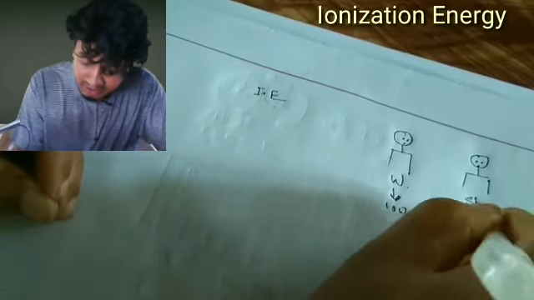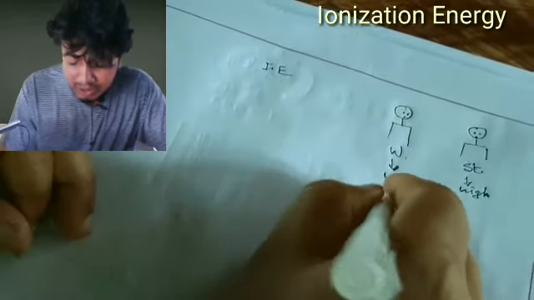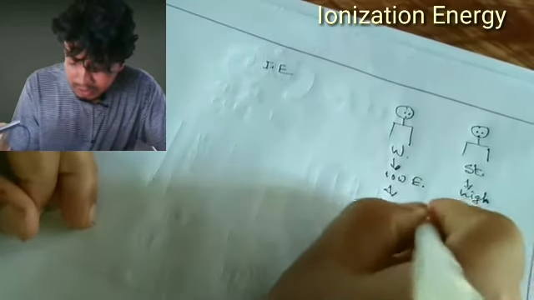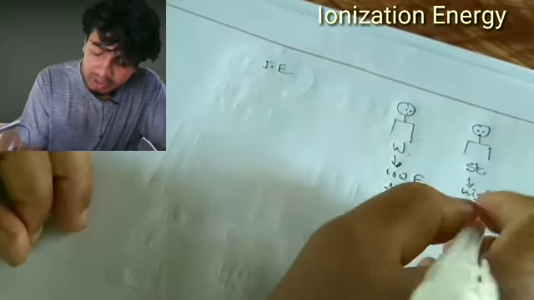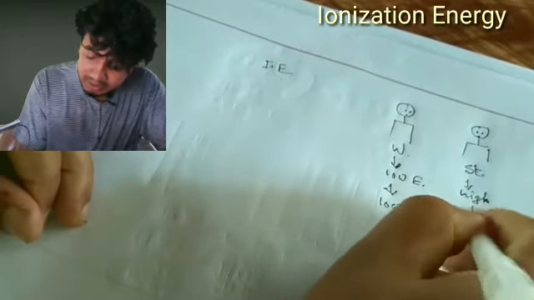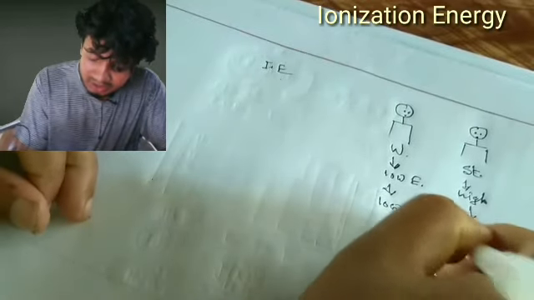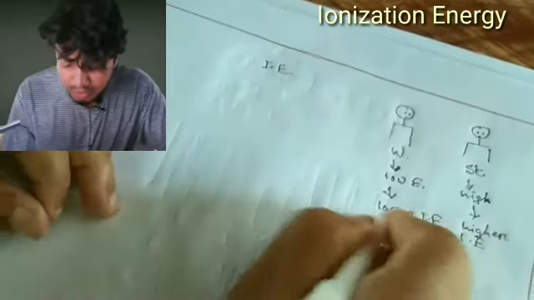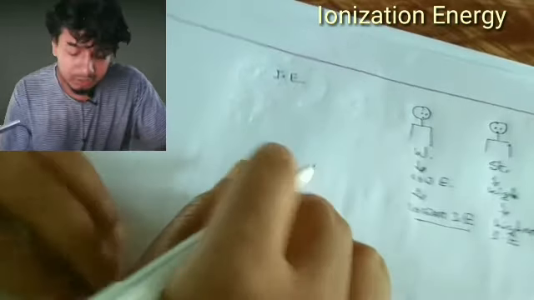This is the reason why a weak atom has lower ionization energy, and for a strong atom you will need higher ionization energy to remove the electron from its outer shell. So what is the rule of ionization energy in the periodic table? Let me draw a periodic table here.